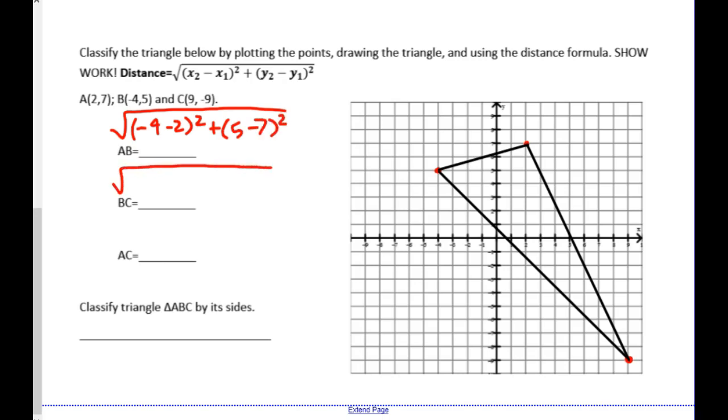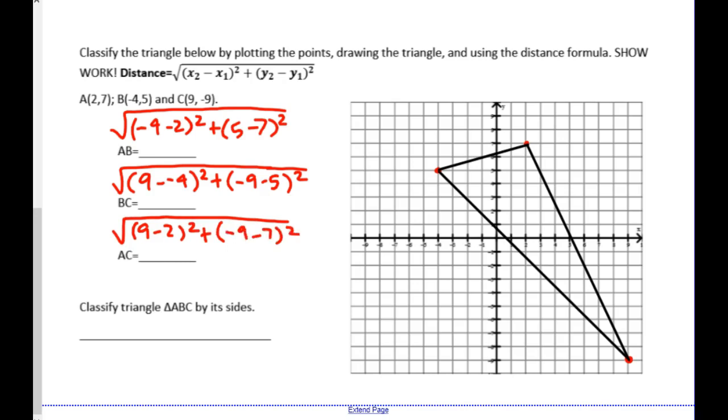BC, I'm going to use point B and point C, 9 minus negative 4 squared plus negative 9 minus 5 squared. And then A and C, 9 minus 2 squared plus negative 9 minus 7 squared.